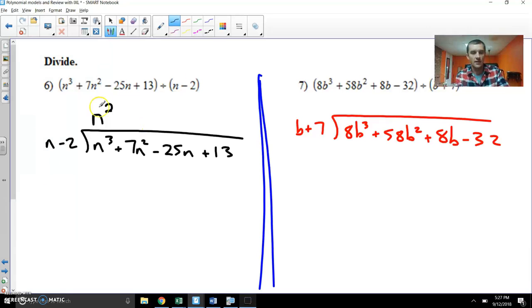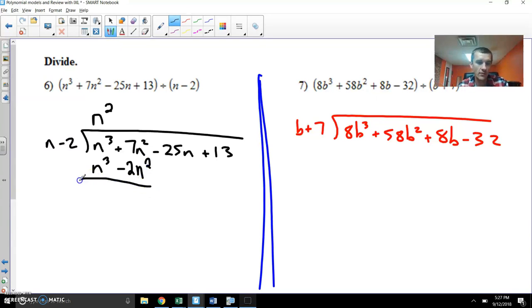It is kind of hard for me to write on my iPad here, so if it looks sloppy, I apologize. So now I'm going to distribute to what I'm dividing by, so I can get two numbers right here. N squared times n is n to the third, and then n squared times negative 2 is negative 2n squared. Okay.